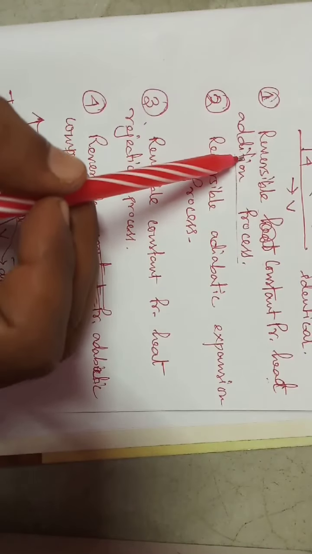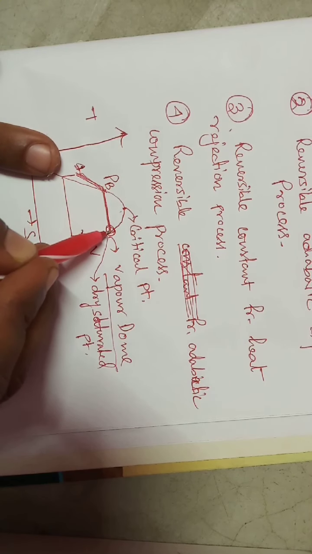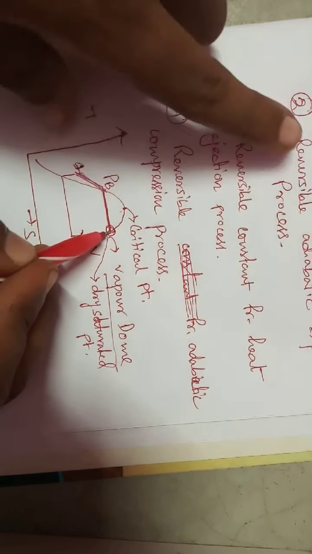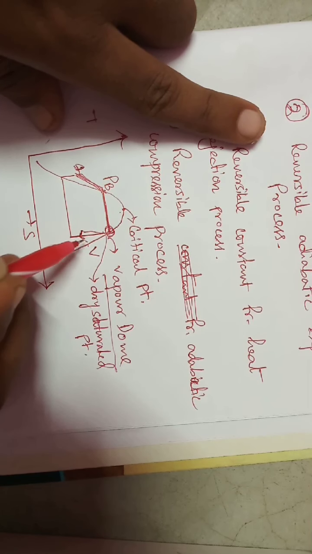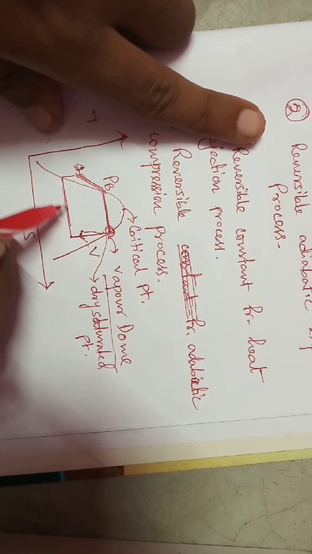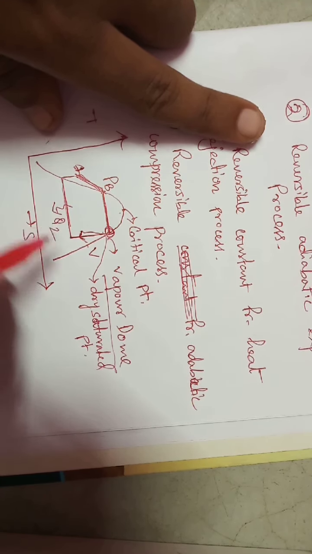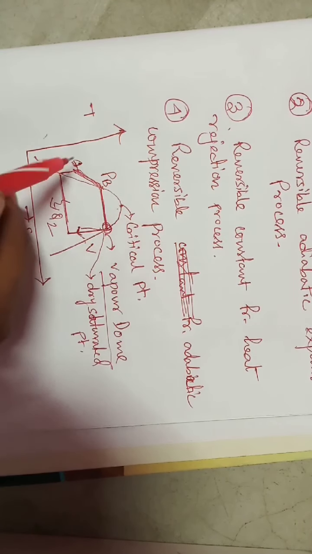So at first we should discuss, and later we will study the details. The first process is a reversible constant pressure heat addition process, and after that a reversible adiabatic expansion process, a reversible constant pressure heat rejection process Q2, and ultimately a reversible adiabatic compression process.